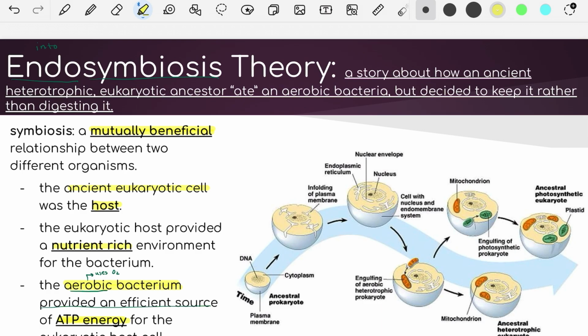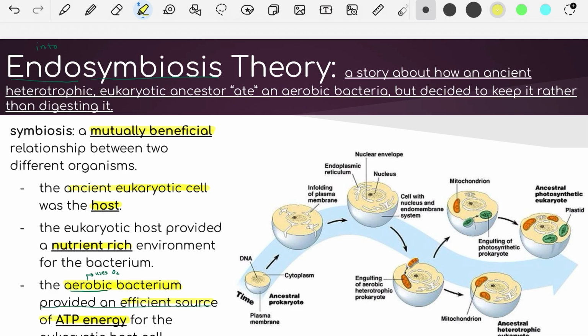So it was a benefit to that aerobic bacteria to live inside the host because it was full of nutrients and there was nothing to kill it. And it was a benefit to the eukaryotic host cell because the aerobic bacteria provided an efficient source of ATP energy for that cell. So they lived together in this really nice harmony.